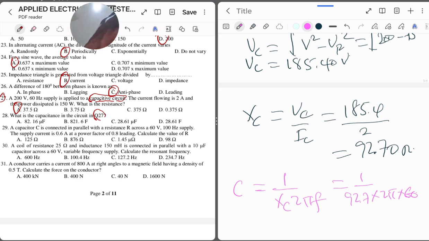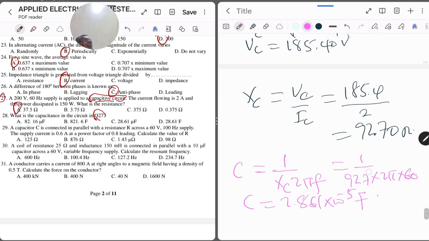So once I've done this, let's see what we are going to get. Everything, right? So meaning here times 2 times pi times 60. Then take the inverse. So when you do this, you get the capacitance to be equal to 2.861 times 10 to the power minus 5 farad.